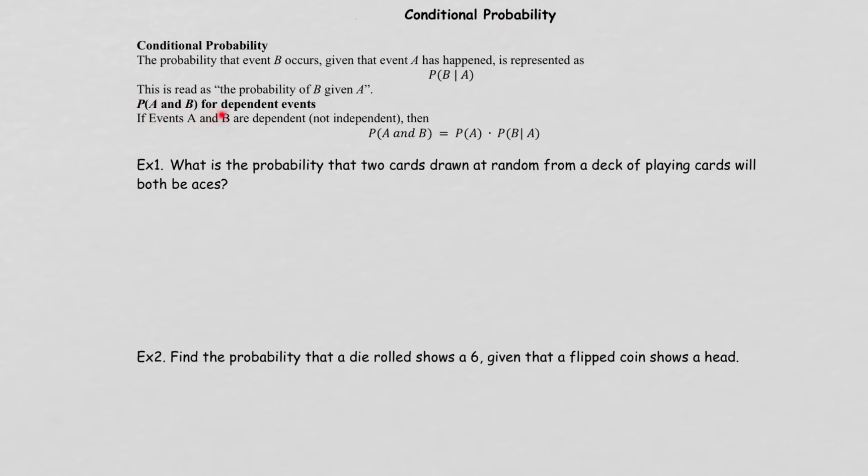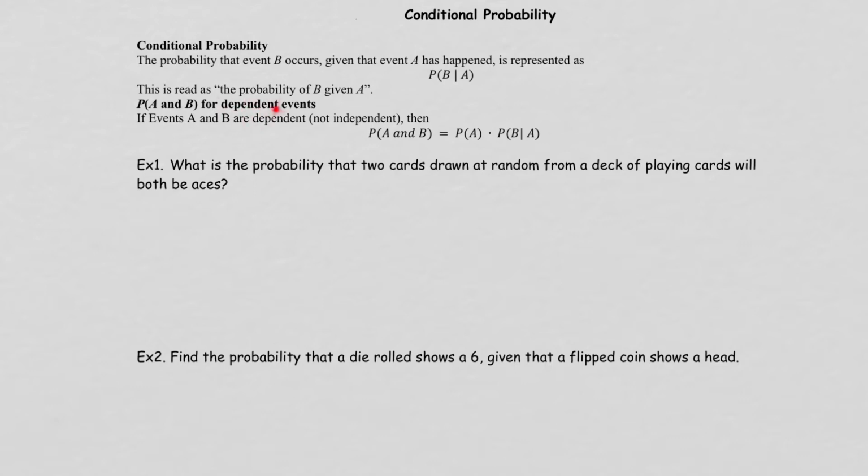And then we're going to talk about dependent events. We talked about independent events in the previous sections. When the events are independent, you just multiply the two events to get that independent event.